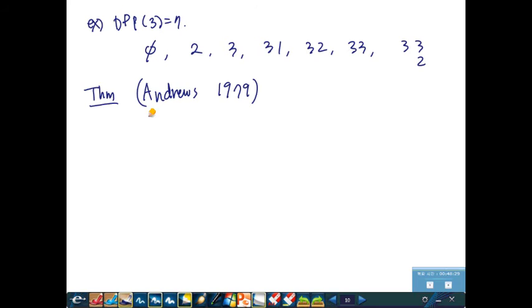Stanley couldn't prove this conjecture, but he realized, oh yeah, I have seen these sequences in Andrews' paper. So the DPP of n, what Andrews proved was this: the product over j from 0 to n minus 1 of (3j+1)!/(n+j)!.